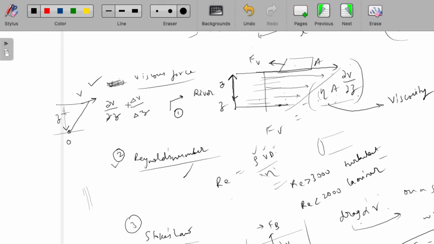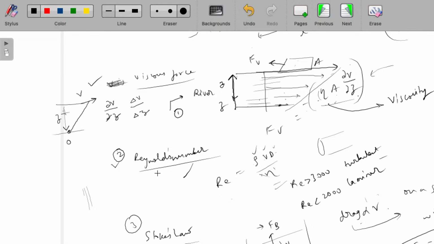That's your gradient here. So that's your viscous force calculation for the stream flow here. Shortly, we'll look at some more examples which will elaborate this more.